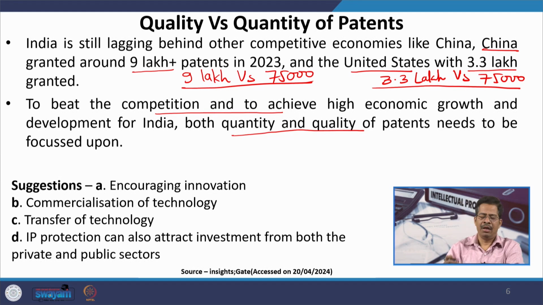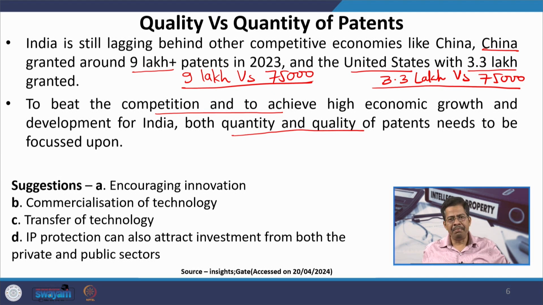We are among the top 10 IP filers in the world as per the WIPO list. So, though when we are comparing ourselves with China and USA, our numbers are low, there is a huge difference between India's position and the rest of the world. So, we are forward looking, but there is still a lot of scope to focus equally on quality aspects of our patents.